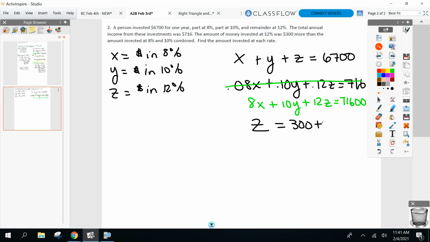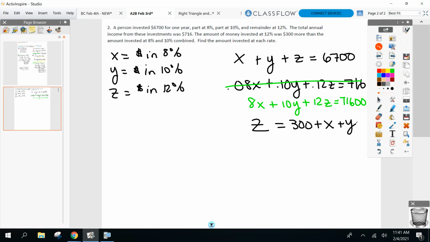What did I call the 8%? X. And what did I call the 10%? Y. So I'm just going to put 300 combining those two, x plus y. You gave me the same thing. You just put the 10 and the 8, but I'm taking those off because I'm not talking about the investments here. Okay. All right, everyone all right?